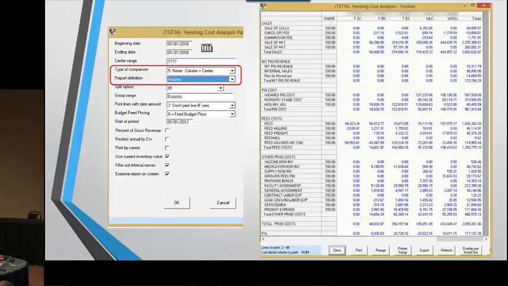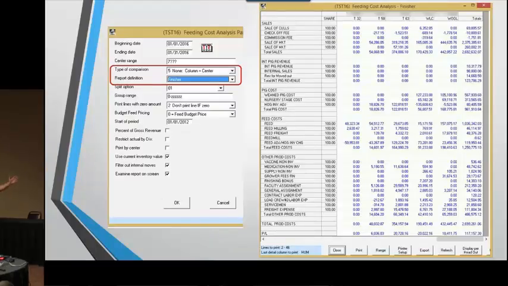So we're going to go ahead and run a feeding cost analysis for the same period of time, January to January 31st. We're going to pick all of our finishing centers. Then we're going to do a comparison, which is option 5, centers by column.